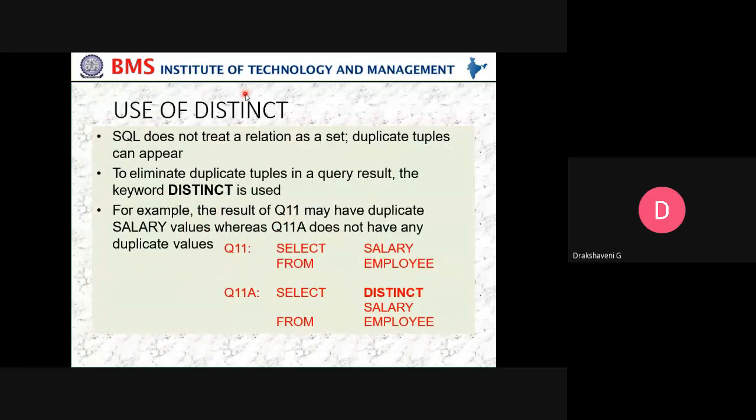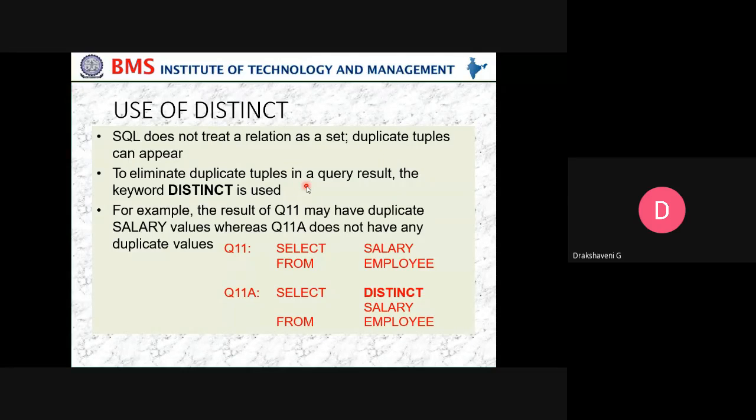Then we use one more keyword called distinct. SQL does not treat a relation as a set, and duplicate values can appear. To eliminate duplicate tuples in the query result, the keyword distinct is used.